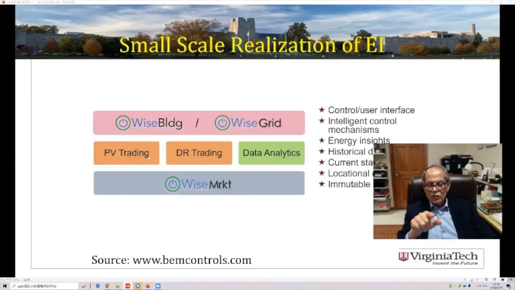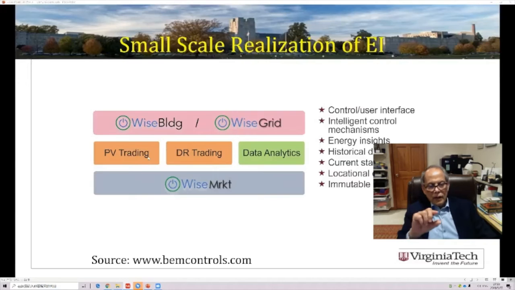This is a software platform that we built called WISE Building. They'll run a load forecast for your building. Also figure out, do you have rooftop solar? Do you have battery? Do you have load? All that calculation will happen to tell how much I want to buy, how much I want to sell.